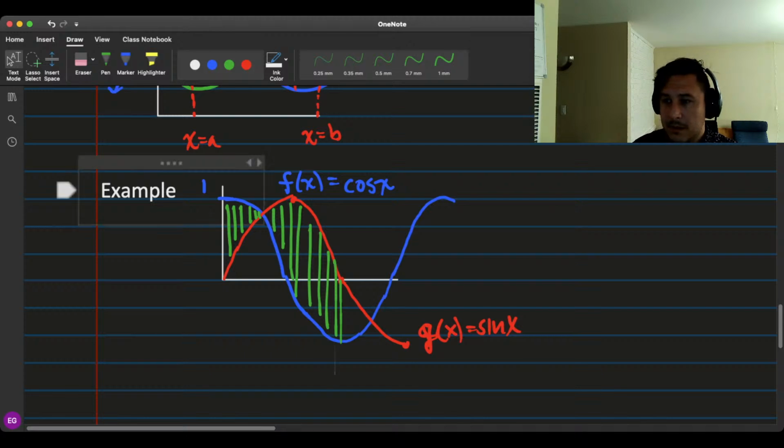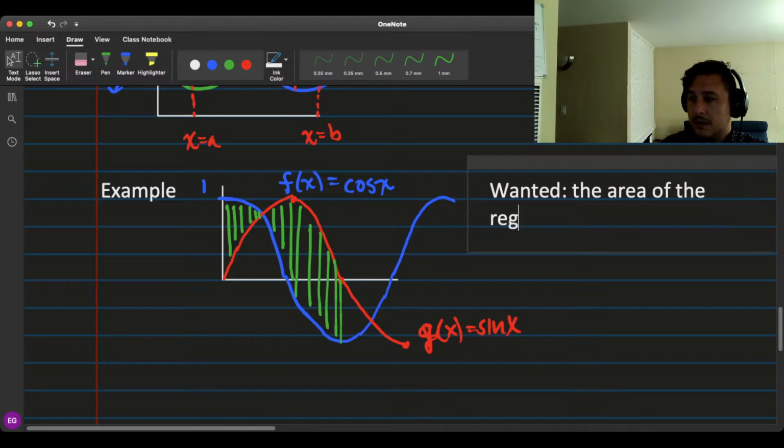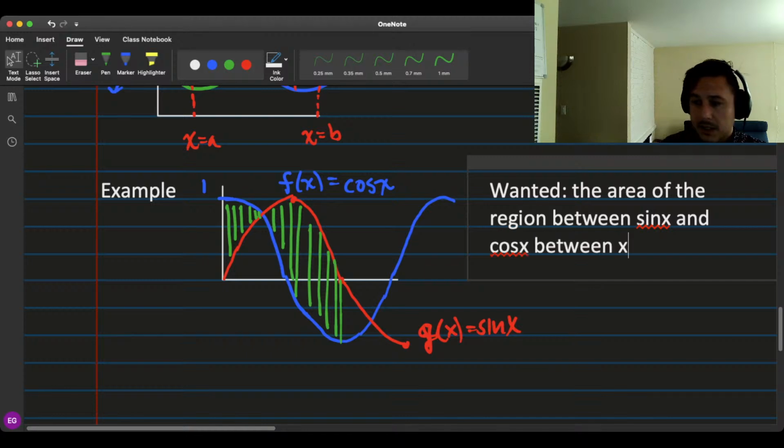So we want the area of the region between sine and cosine between x equals 0 and x equals pi.